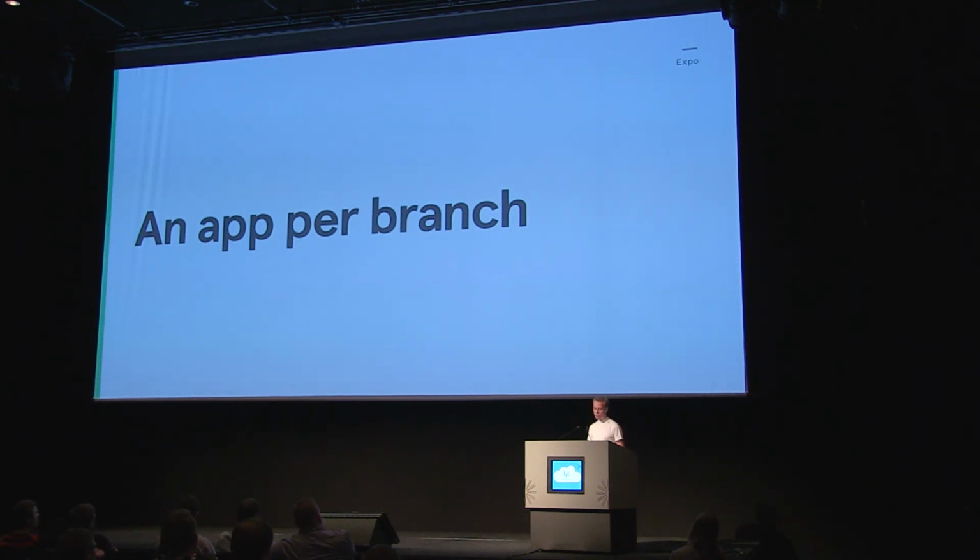It would post an Expo link to our Build Slack channel, and everybody could instantly launch a new version of the app. So getting feedback from a designer or a product manager was really only one link away. And when the branch was updated, the user would get the newest version as soon as they restarted the app.